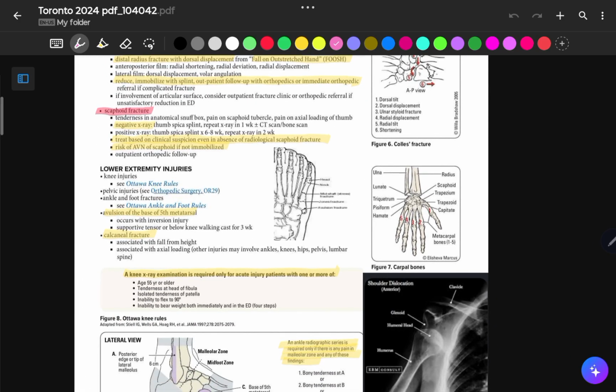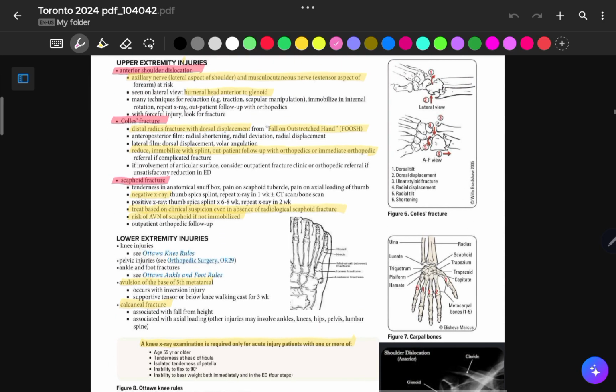So next is a scaphoid fracture. The patient will have tenderness in the anatomical snuffbox, pain on the scaphoid tubercle, and pain on axial load of the thumb. Remember, you might do your X-rays but not see anything.